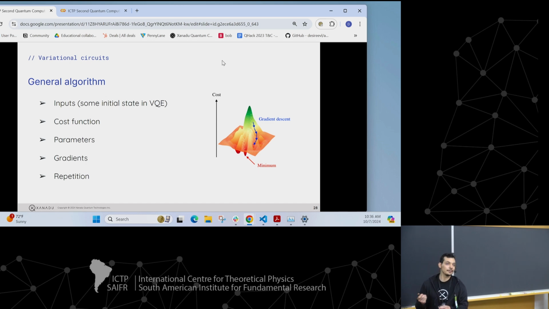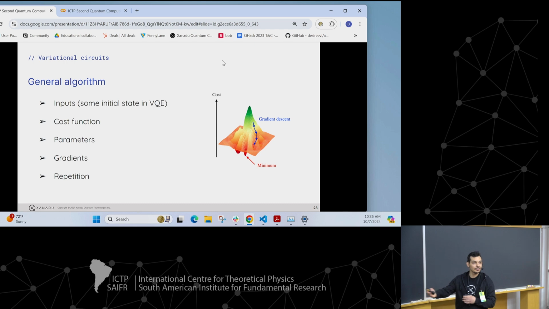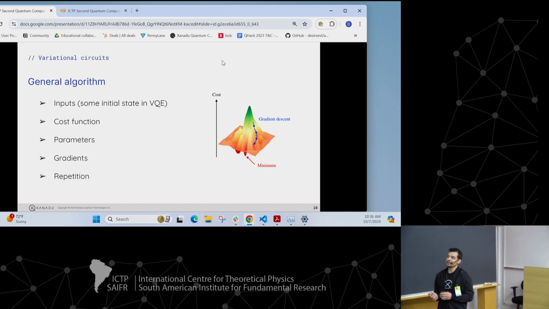In our case, it's going to be the Hartree-Fock state, plus the additional variational gates in your circuit that are creating your ansatz. A problem-specific cost function. So the cost function is always going to vary depending on what problem you're trying to solve. You're going to have a set of parameters, typically gradients, to calculate the optimization or to vary the parameters. And you repeat this over and over again until you reach some kind of potential energy minimum.